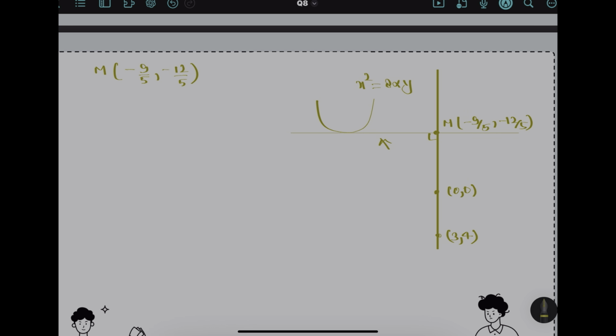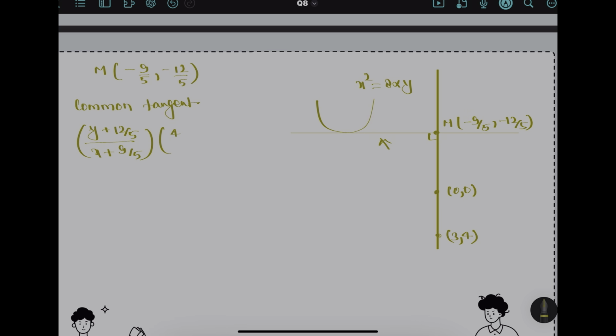Okay, so let's try to find the common tangent. You know that both lines are perpendicular, so the product of slopes would be -1. So can I write (y minus minus 12 by 5) upon (x minus minus 9 by 5), slope 1, into slope 2.